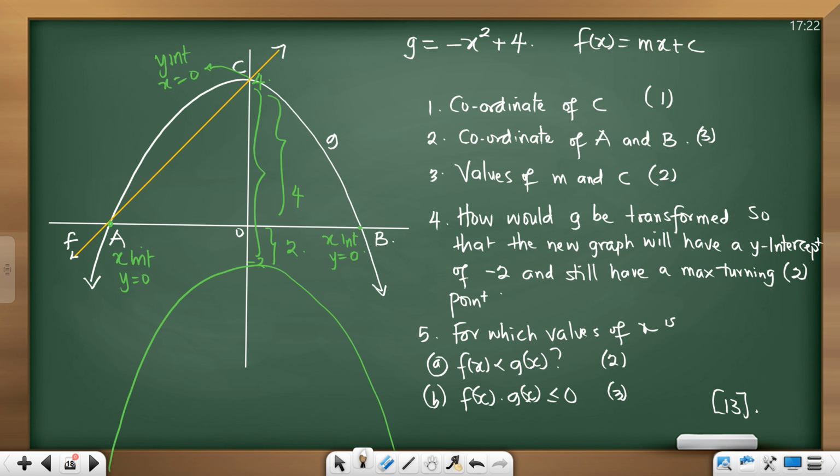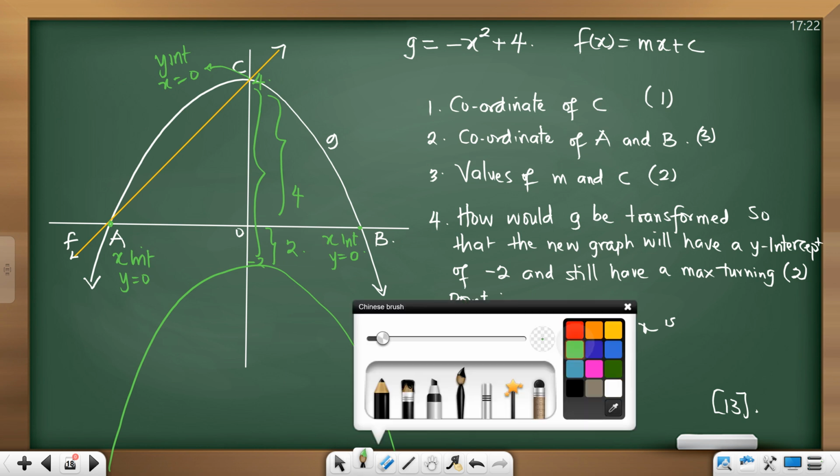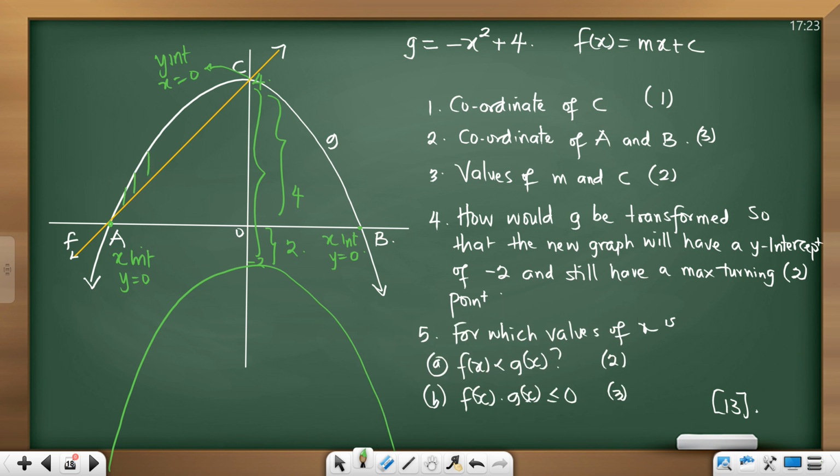Where is the yellow graph underneath the white? Do you notice it's just here? The yellow graph is below. That's how we interpret that.